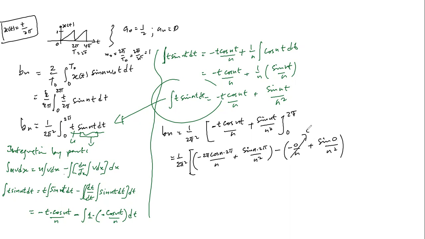So this reduces to 0, this reduces to 0, sine reduces to 0, then here this reduces to 1. So what we now have is 1 over 2 pi squared into bracket minus 2 pi divided by n.